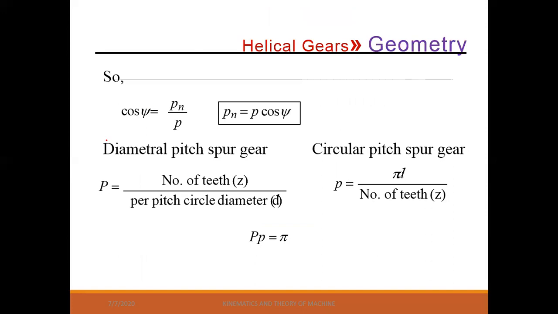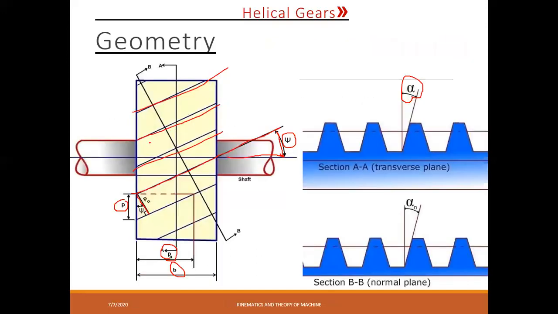Now, cos psi, the cosine of the helix angle, is equal to Pn upon P. How? Because we are taking the normal distance here. This is a 90-degree angle. The psi angle is this angle.